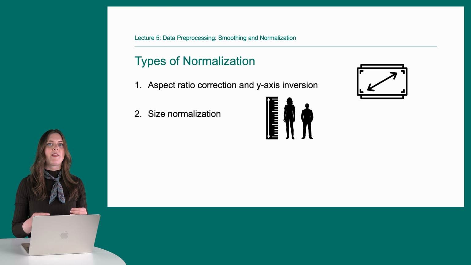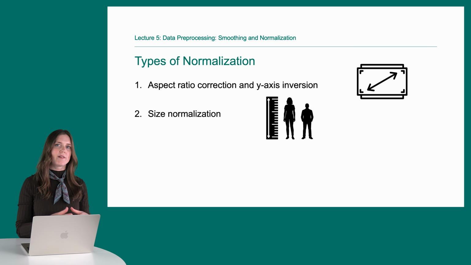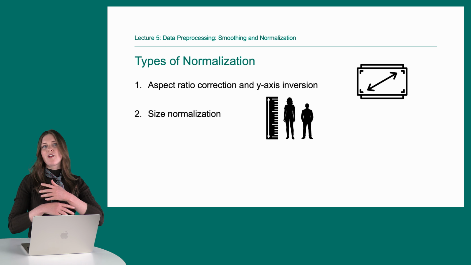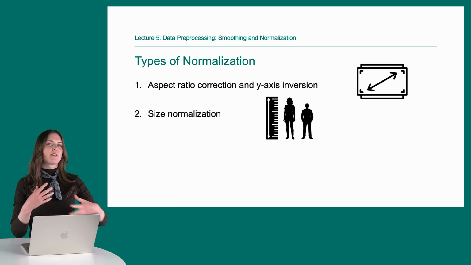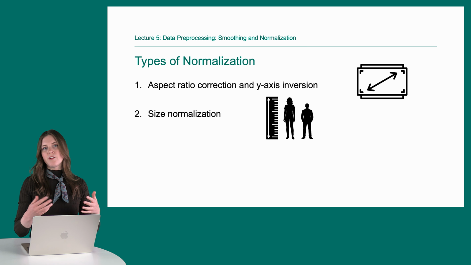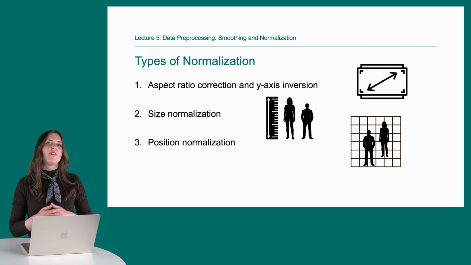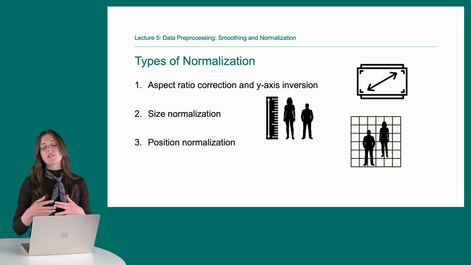We will also normalize the size across all of our participants. Of course, people come in all different sizes, but size differences can also be due to differences in camera distance. There are also differences in how participants might be positioned in the camera frame, so we want to bring everyone to the center.